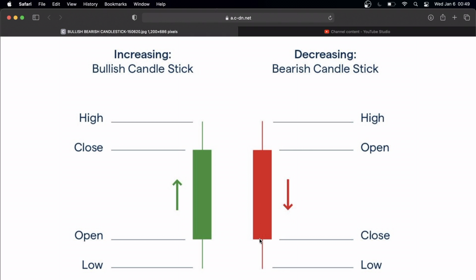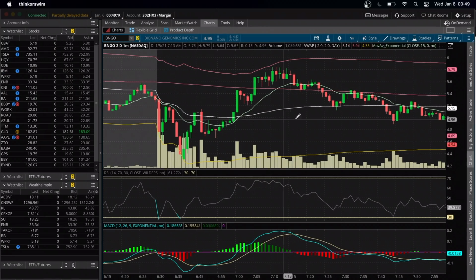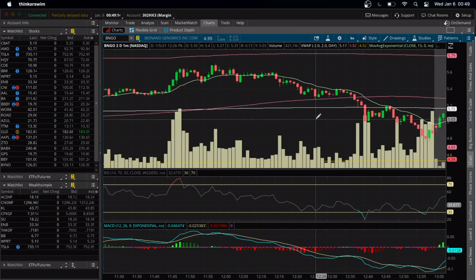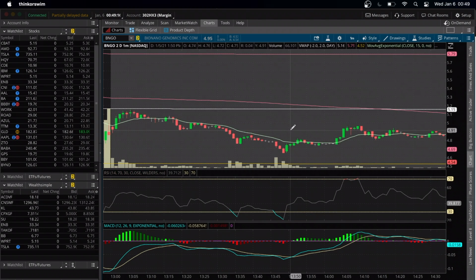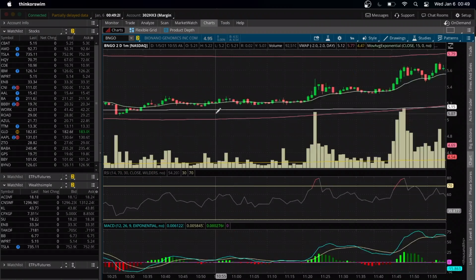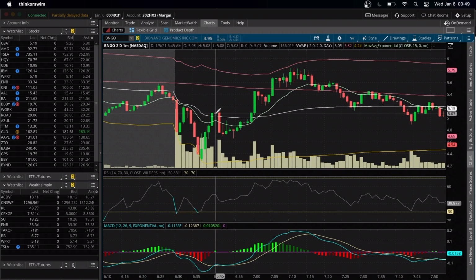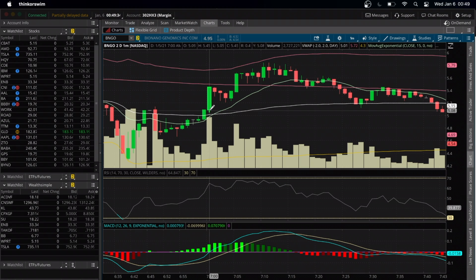If you see a gray one, and I think I have a good example here, such as these three over here, that means the price started, went higher and lower, but finished at the same place where it started. It basically didn't move. So if we take this one, for example, the price started at 5.09, and throughout that 1 minute it went as high as 5.45 and as low as 5.04.